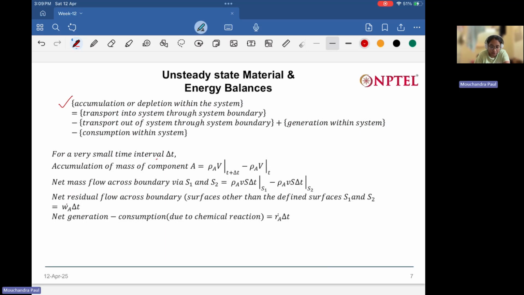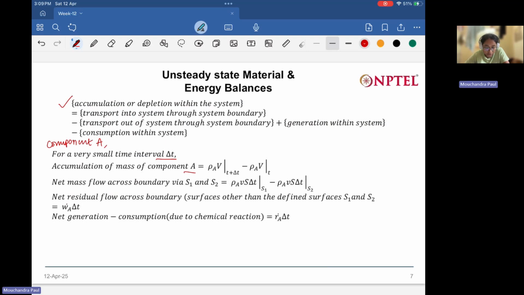For a small time interval delta t, the accumulation of mass of component A is given as follows. The material balance that I'm showing here is for component A, so this is a component material balance. For component A, the accumulation term will be given by rho A, which is the density of component A, times the volume of the system at time t plus delta t, minus rho A V at time t.